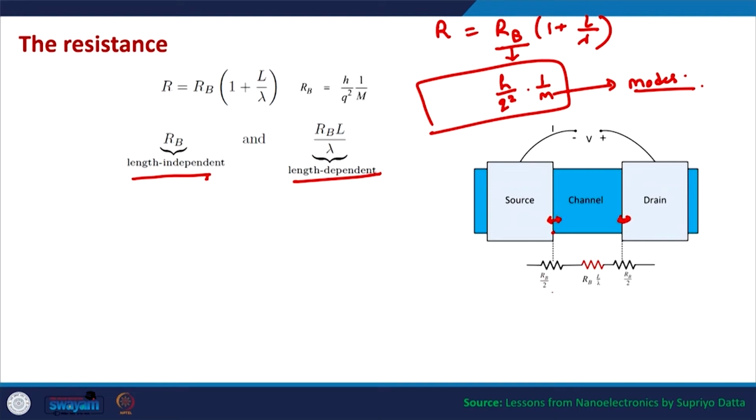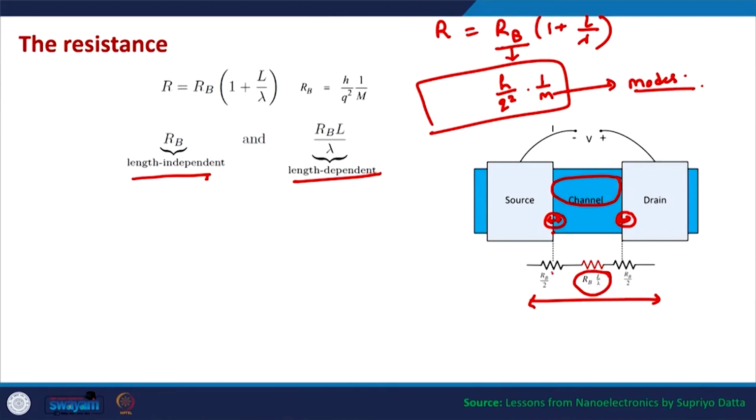So the resistance of the entire channel can be divided in two components. One is the resistance of just the channel part, and the other is the resistance because of the interface, because of the channel contact with the source and the channel contact with the drain.